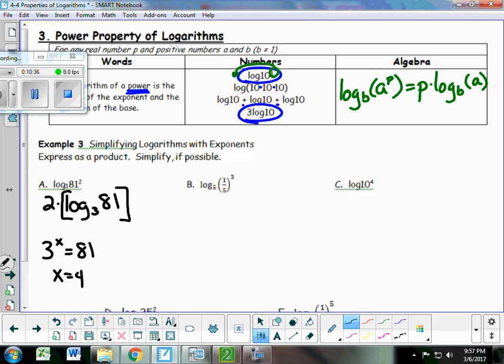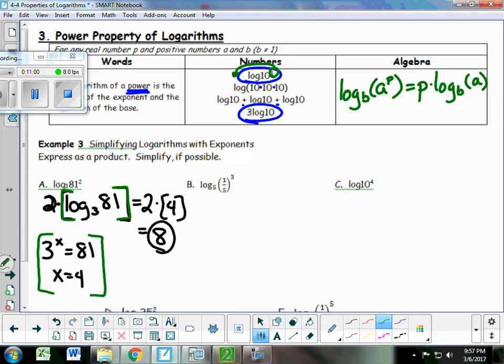Now that's not our final answer because we want to do 2 times that. So that's the same thing as 2 times 4, which of course is 8. Our final answer. So maybe I'll use some different colors here. So this stuff in green I got from over here. Okay.